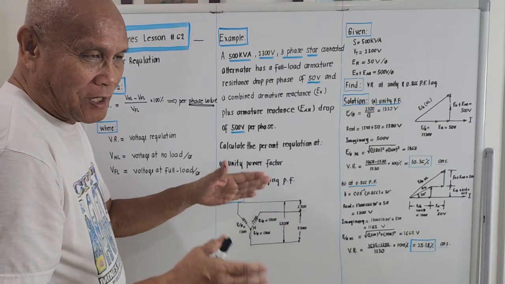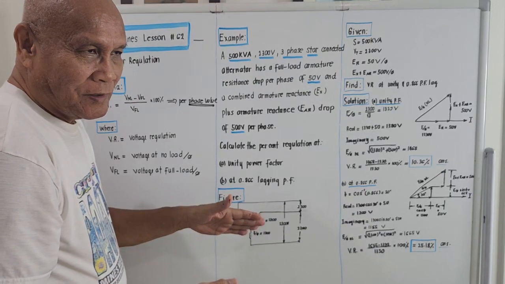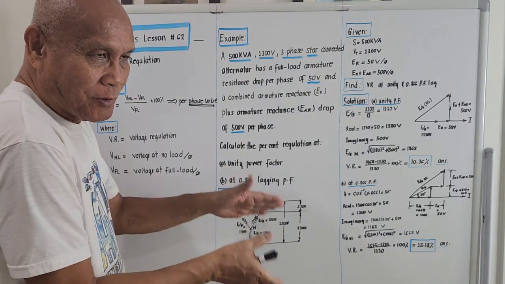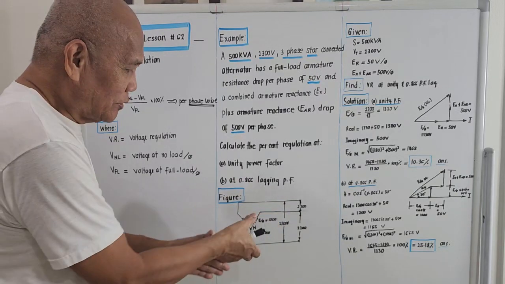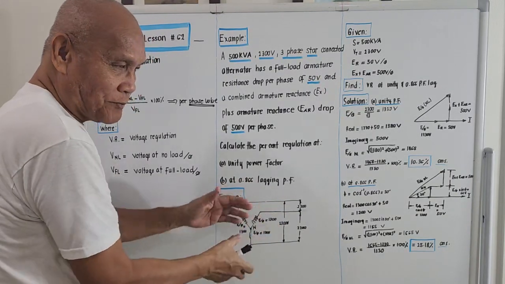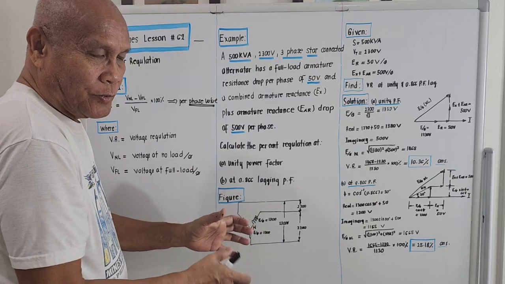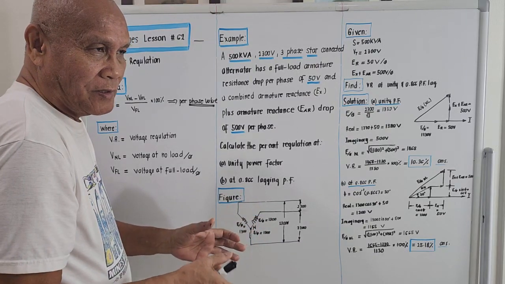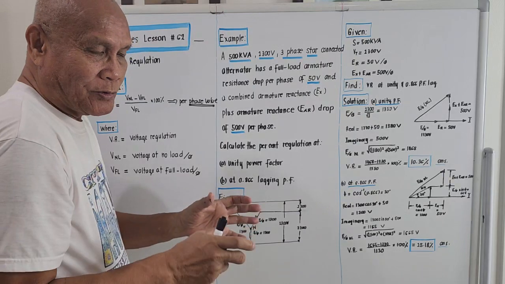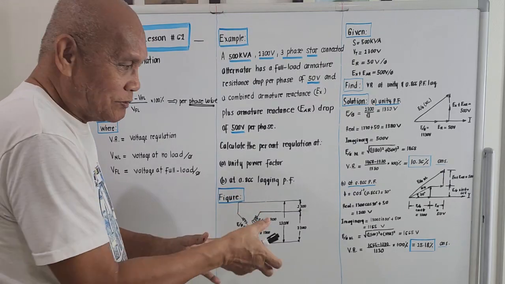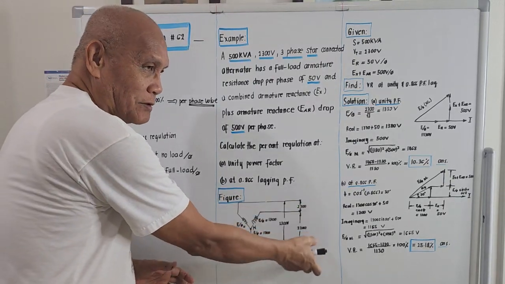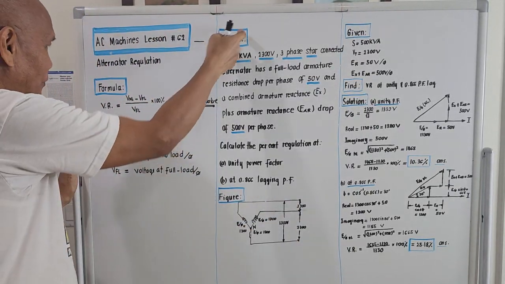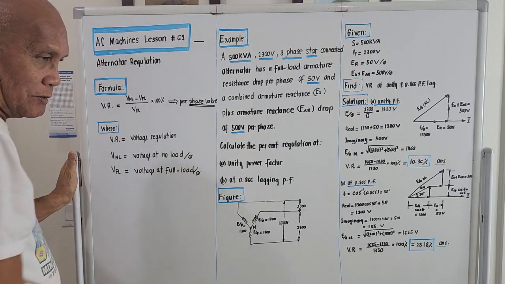But at full load, it will be greater, because to maintain that voltage, the reactance and resistance drops on the armature must be compensated. At full load we should generate a greater voltage to maintain that same terminal voltage. Let's try to bring out an example problem on how to compute alternator regulation.